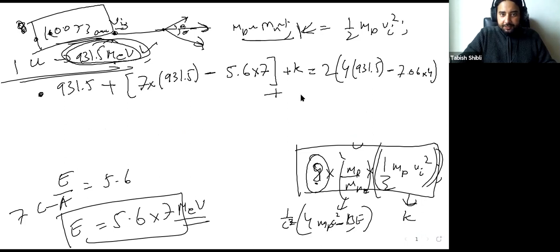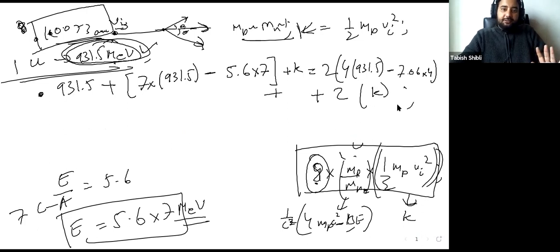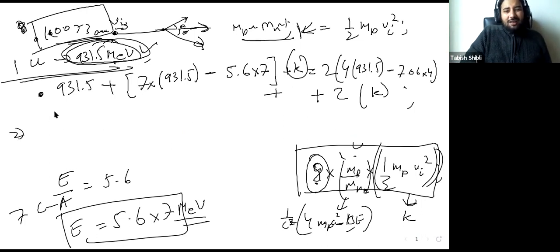Starting here, right? Plus, this is just 1 by 4. So I'm just going to write 1 by 4 here. So this is just 2, because 8 by 4 is just 2, multiplied by this whole thing, which is K. So this is the 2 times K. That's it. There's a K here and there's a 2 times K here. So let's just subtract K from both sides. So only one K remains.